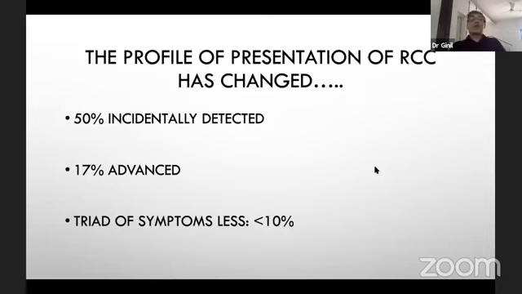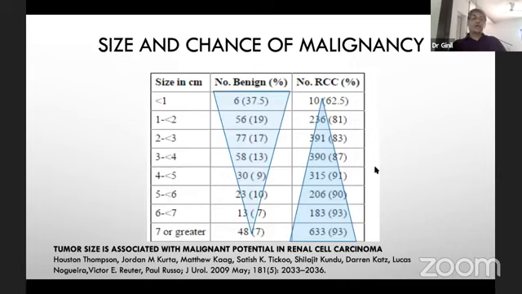So the profile of RCC has changed, and more incidentally detected tumors are seen nowadays. Still, around 17% are advanced, and the triad of symptoms is seen in less than 10% nowadays. If you go through the details of presentation, we can see that when the size of the tumor increases, the chance of hitting a malignant tumor also increases, and the smaller the size, the more likely it is to have a benign pathology.